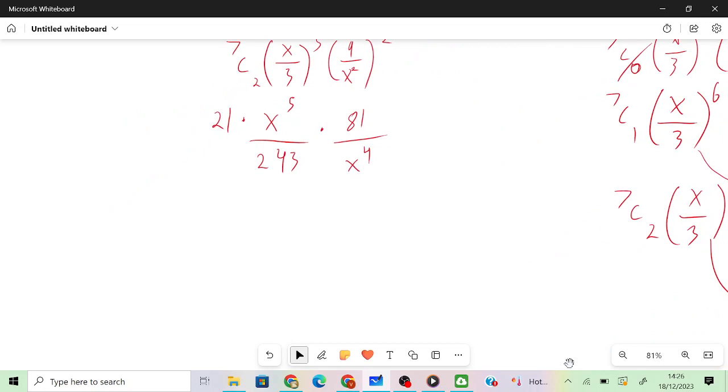And you know this is over 1 as well, so 21 times x raised to the power 5 times 81, that's 1701 x raised to the power 5 all over 243 x raised to the power 4.